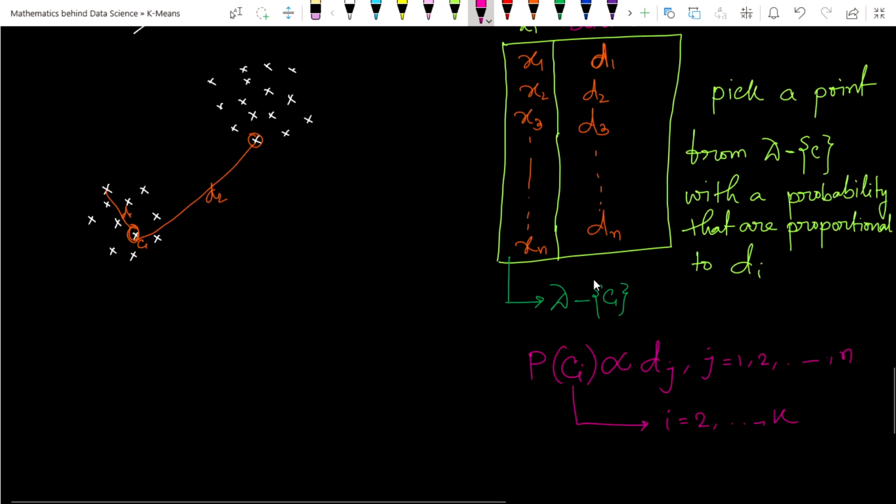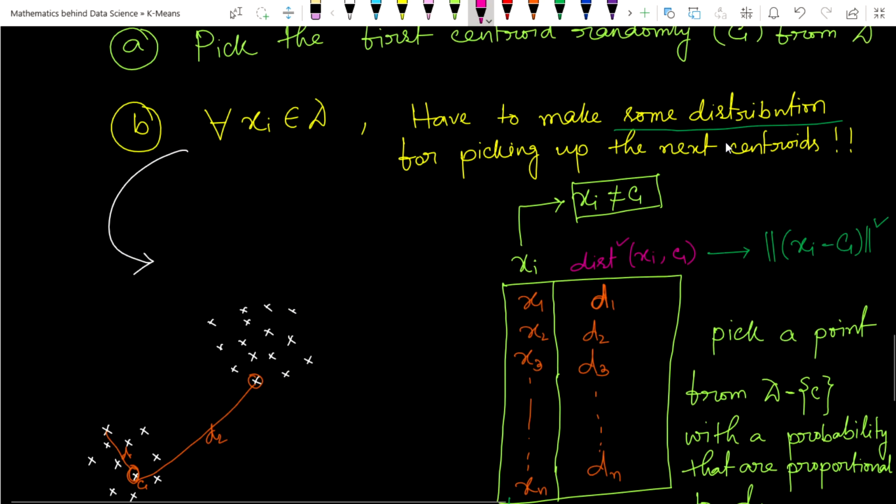This is the formula we use for picking. This is the simple distribution we use to pick the next centroid, the simple mathematical hack.